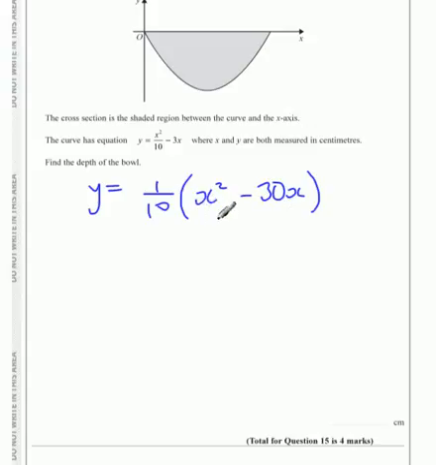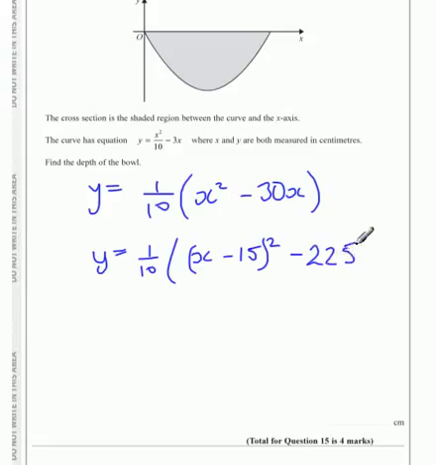We can now complete the square on this part, which will give us y equals, complete the square, we half the coefficient on the x. That goes inside our bracket, and then we take that away and square it. So 15 squared is 225, taking that away gives us 225 there.